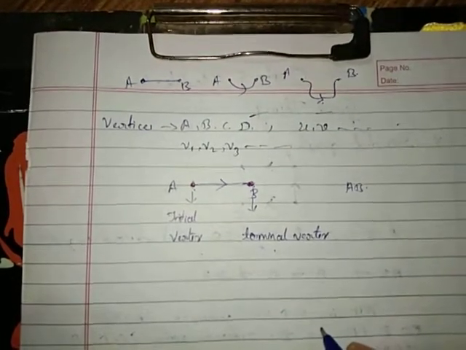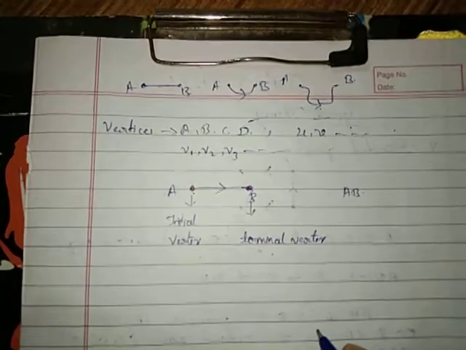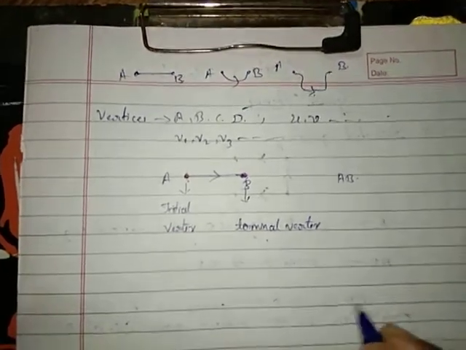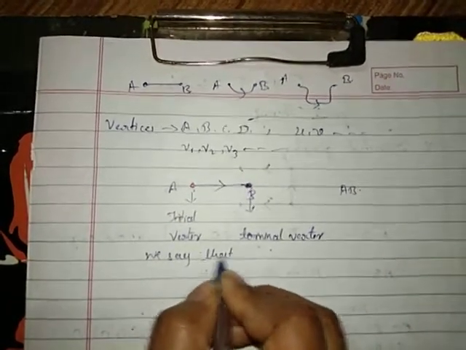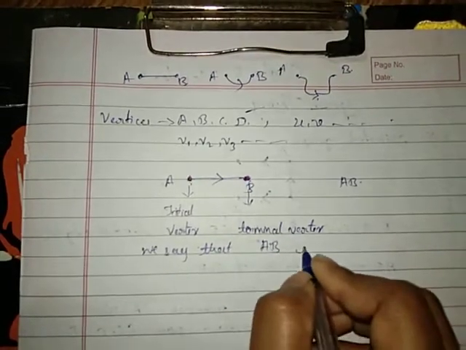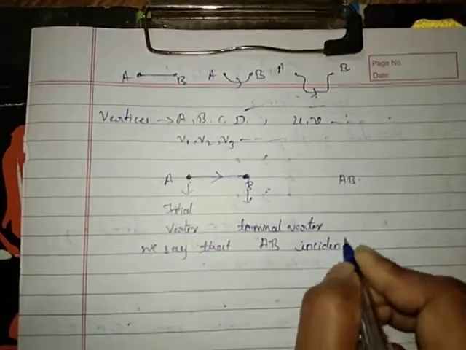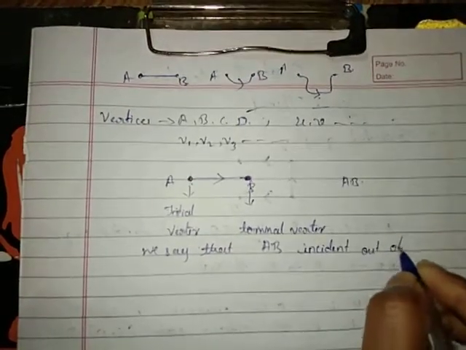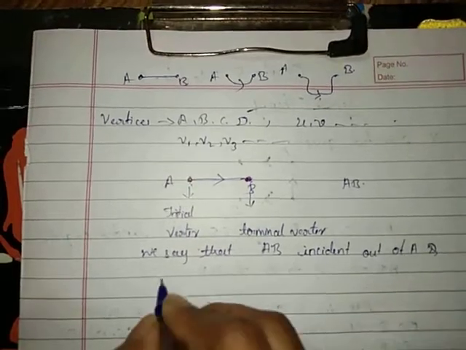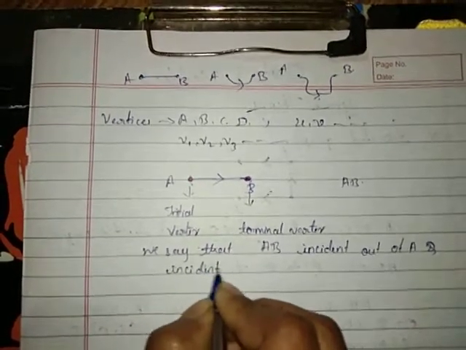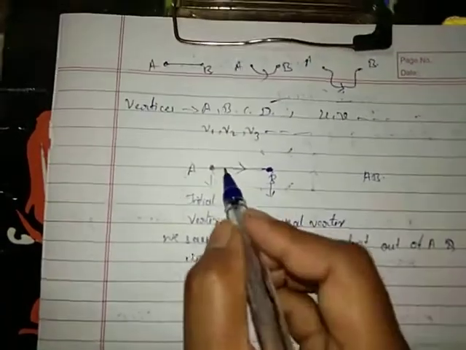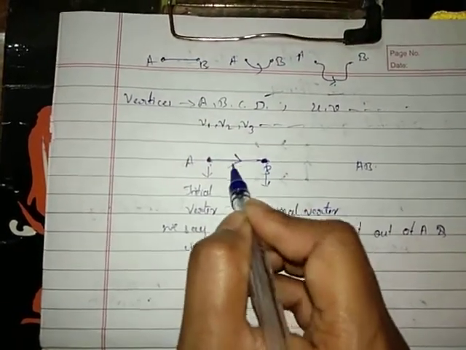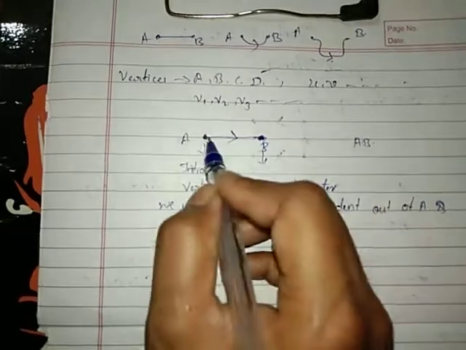We also say that AB is incident out of A and incident into B. So just remember, for the edge AB of the directed graph, A is the initial vertex and B is the terminal vertex.